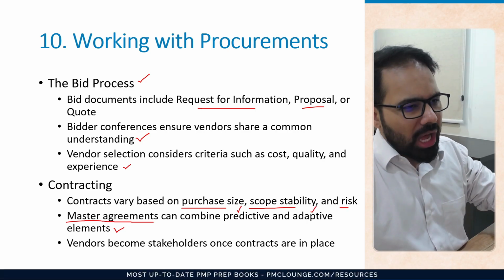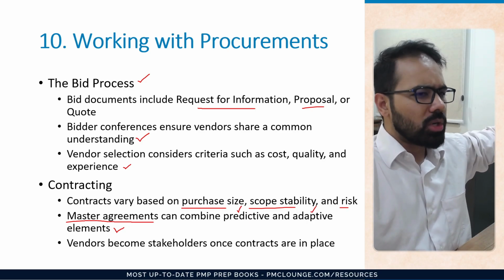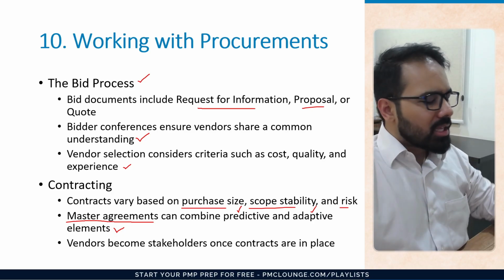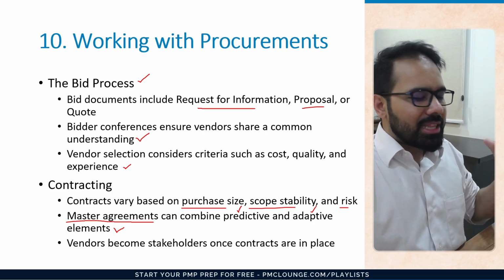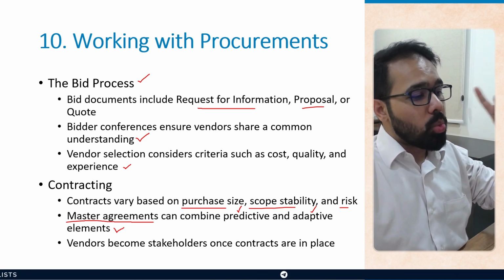So, if you are looking at an overall infrastructure that you require to run your project or to do your work, then it makes sense to go the predictive way. That is, you ask the vendor to deliver everything in one go.